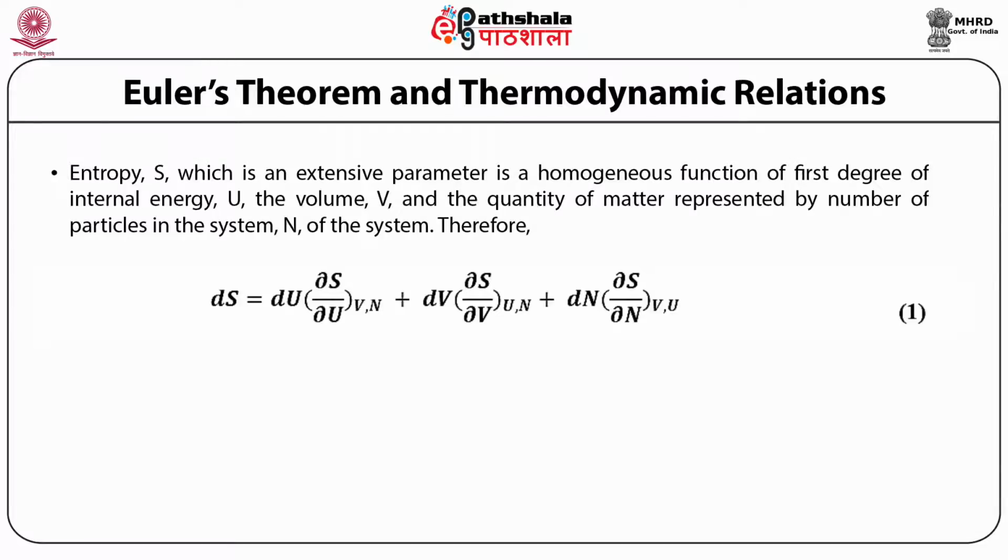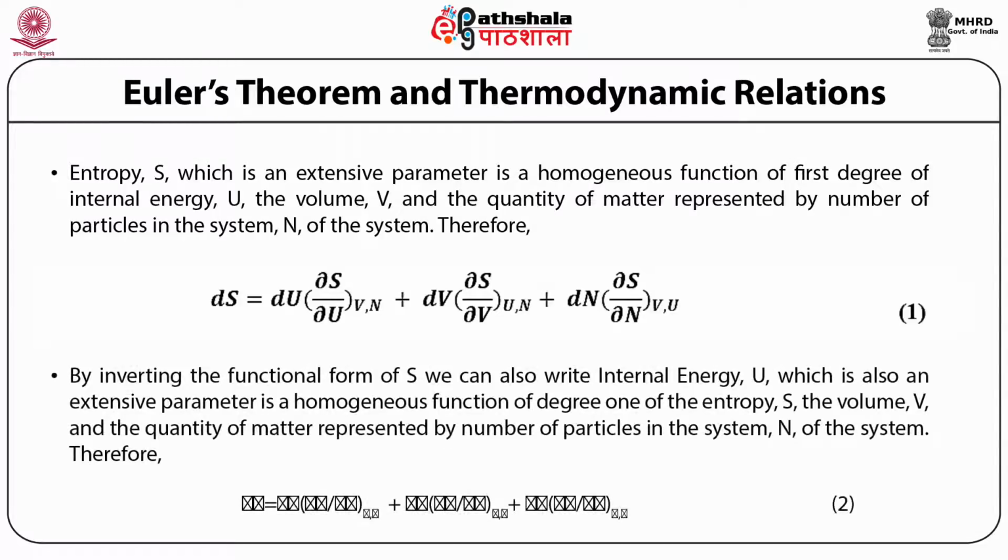By inverting the functional form of S, we can also write the internal energy U, which is also an extensive parameter and is a homogeneous function of degree 1 of the entropy S, the volume V, and the quantity of matter represented by the number of particles N of the system.